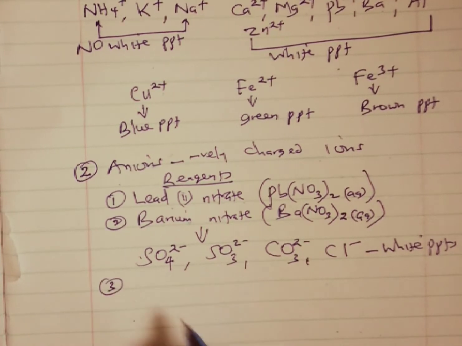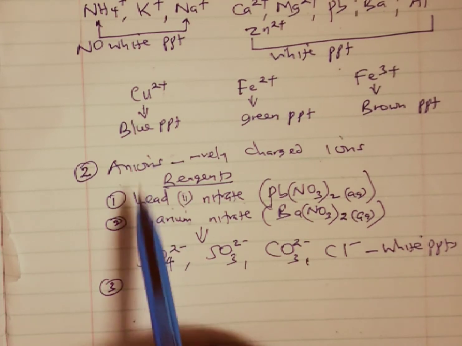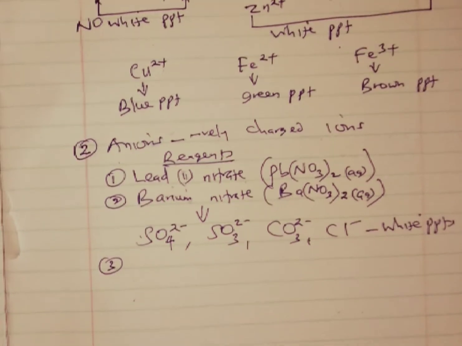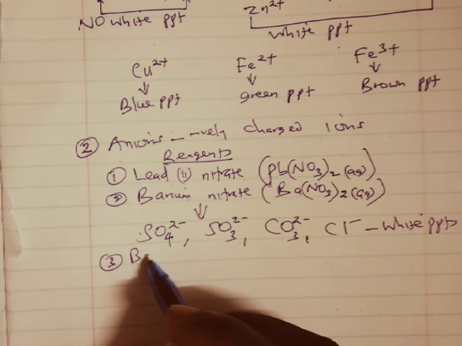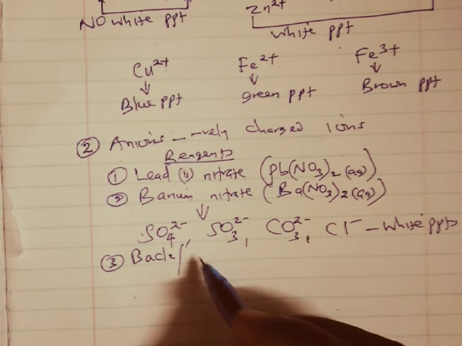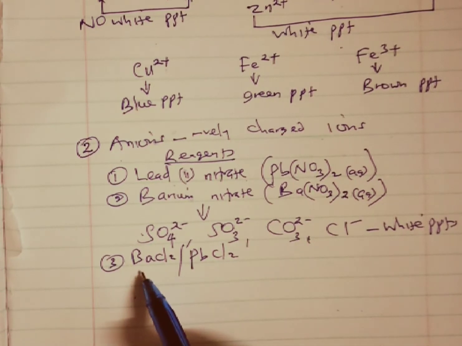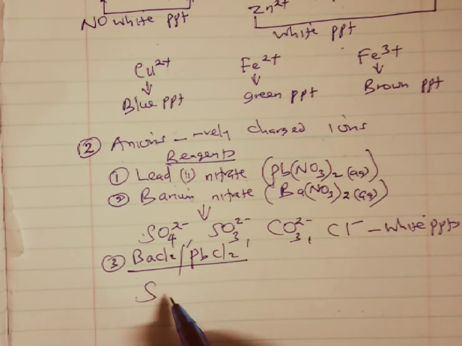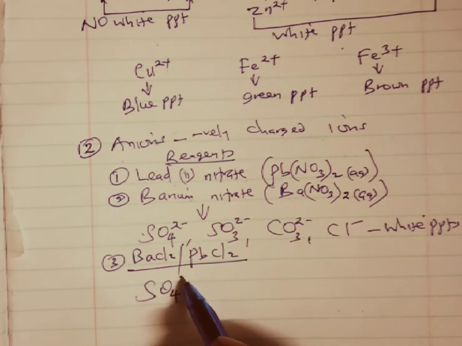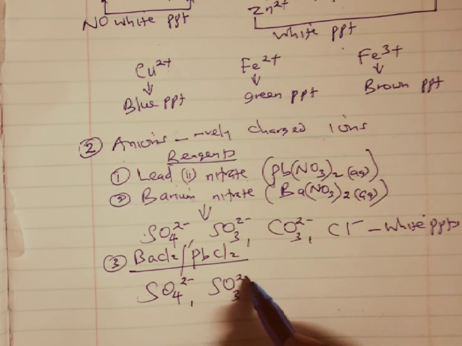Number 3 reagent that you will always use to test for the presence of anions is barium chloride, or we can use lead chloride. These two will test for the sulfate ions. They will test for the sulfite ions.